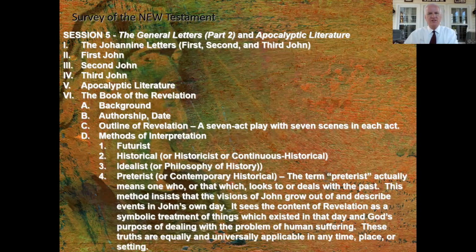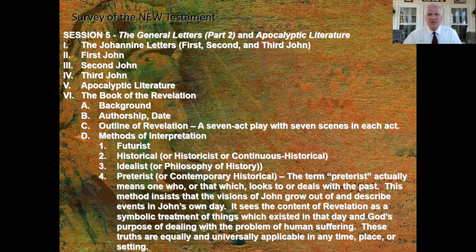The fourth is the preterist or contemporary historical view. The term preterist actually means one who or that which looks to or deals with the past. So this method insists that the visions of John grow out of and describe events in John's own day.